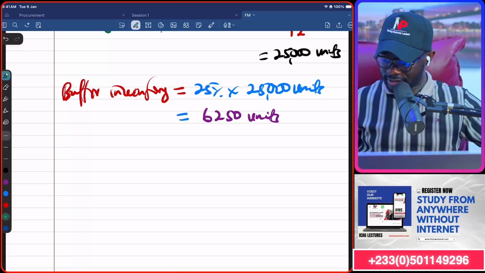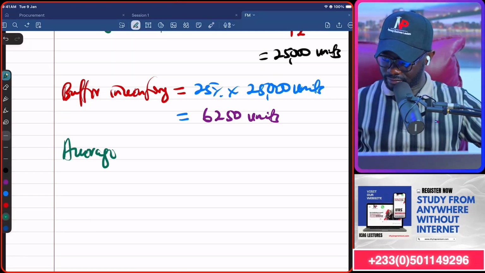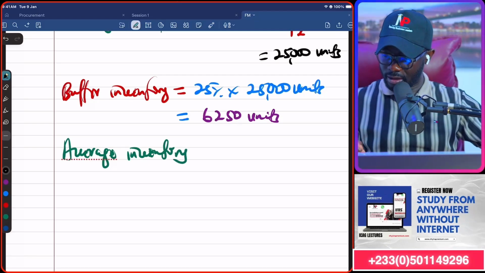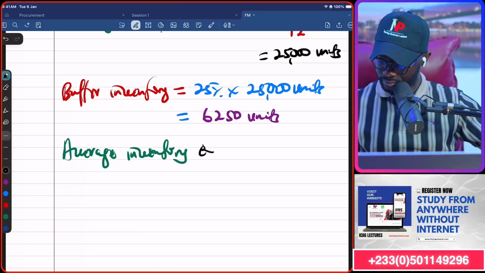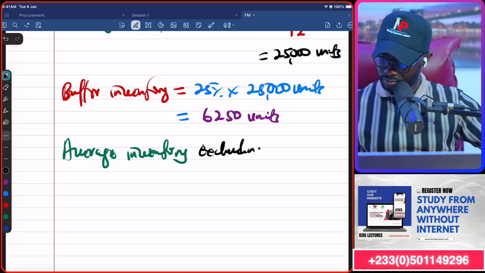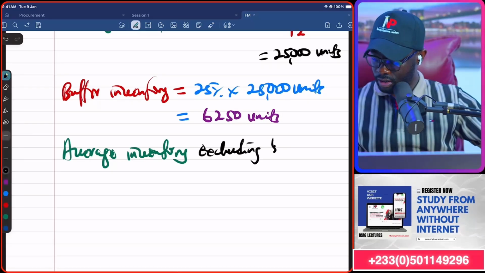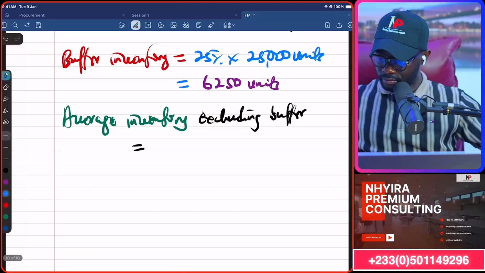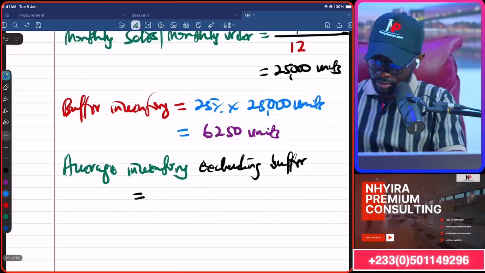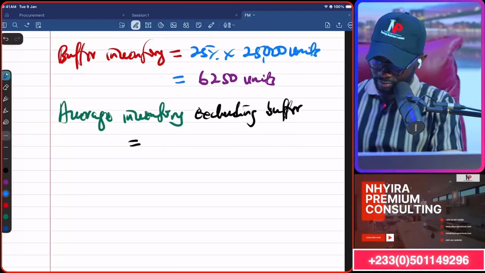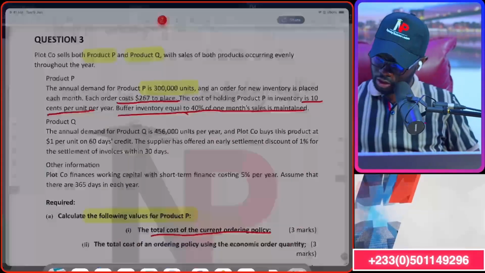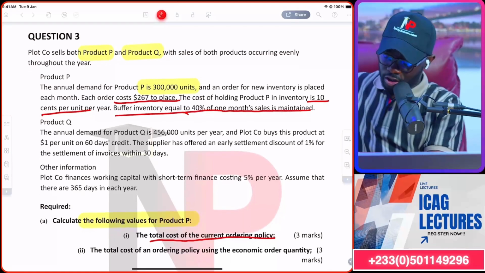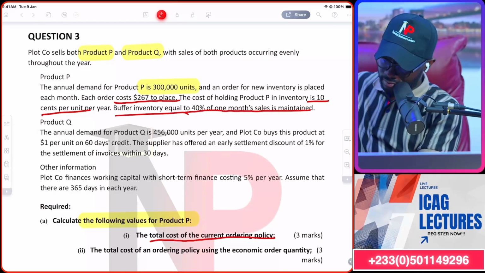So let's get our average inventory for the year, excluding the buffer. Cost of holding is 10.